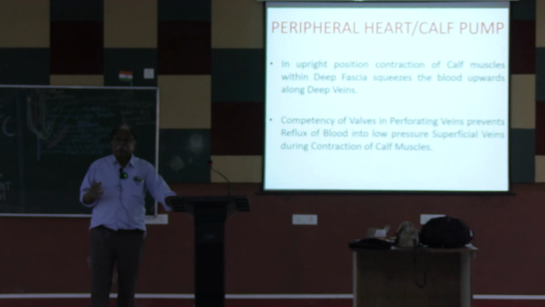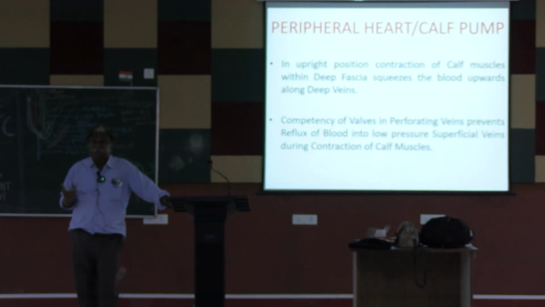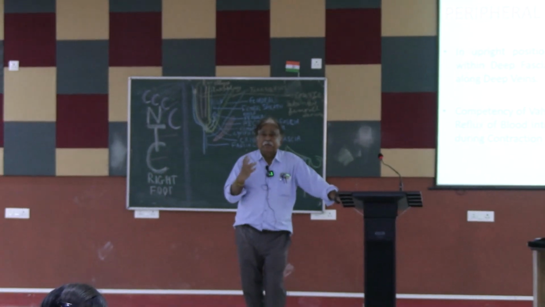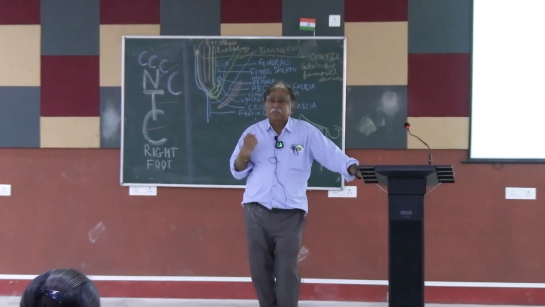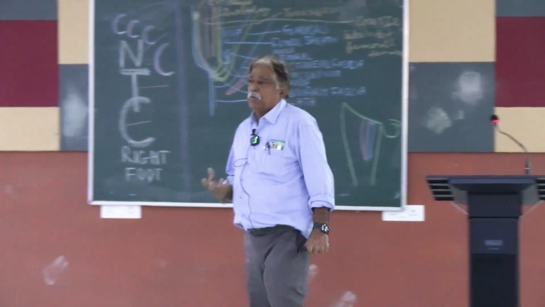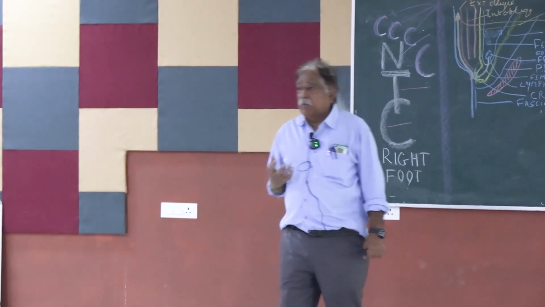If you are running, or you are in some fight, in that time the heart beats fast. But in the lower limbs, you do not know exactly what is happening.